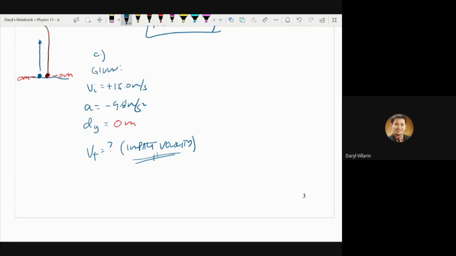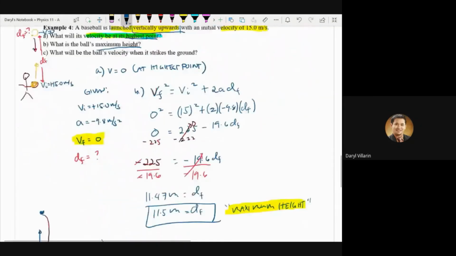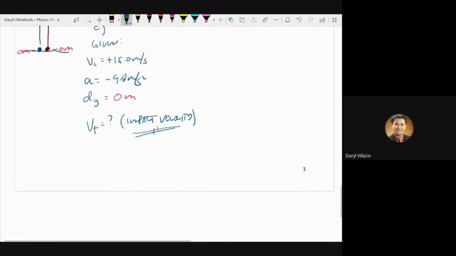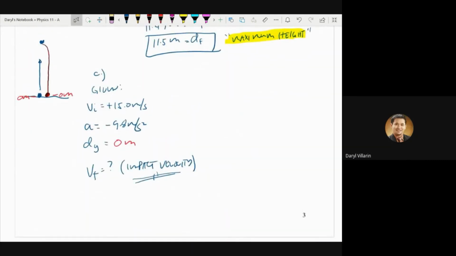Don't take that as zero for this particular question, because some students will automatically say the velocity is equal to 0. Just take this as the velocity of the object at the brink of hitting the ground. So what would be its impact velocity?